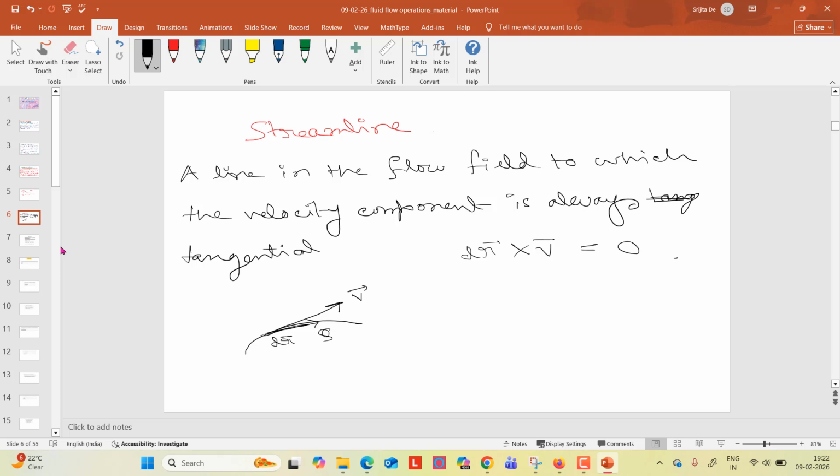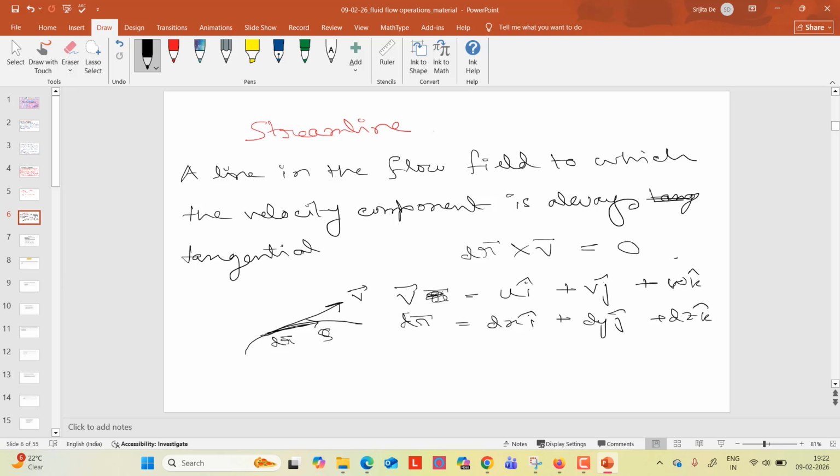Now if we express, suppose v, the velocity, is u i cap, v j cap, and w k cap, and the dr component is dx i cap plus dy j cap plus dz k cap.